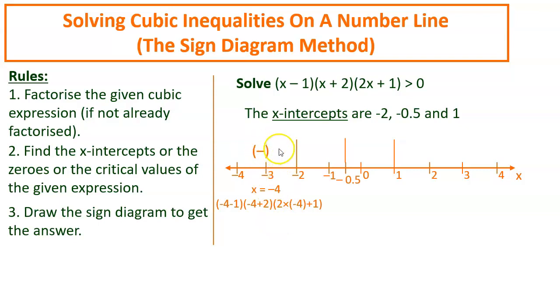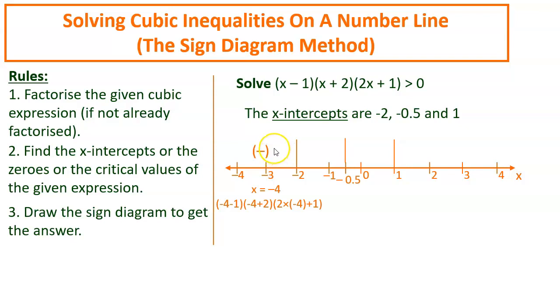I have said the sign is important. Whether we are getting minus 70 or minus 35 doesn't matter. Because if instead of x equals negative 4, you take x equals negative 3, obviously the number will be different. But it will be a negative number. That is what is of interest to us, whether the product is a negative number or a positive number.